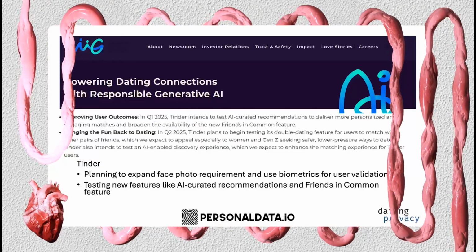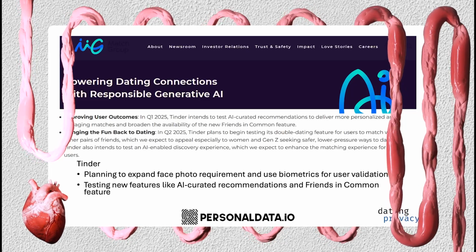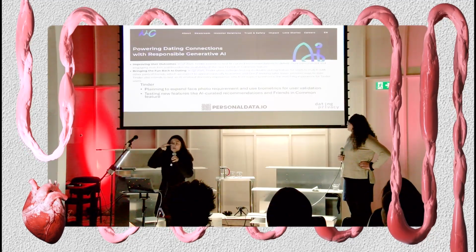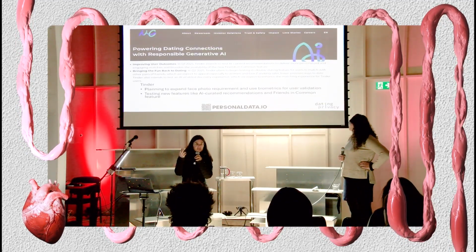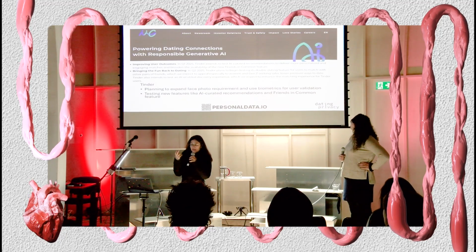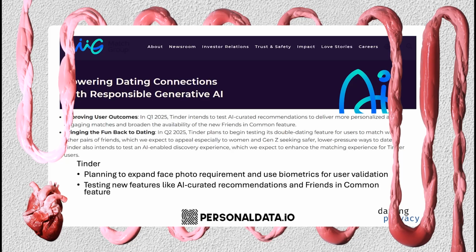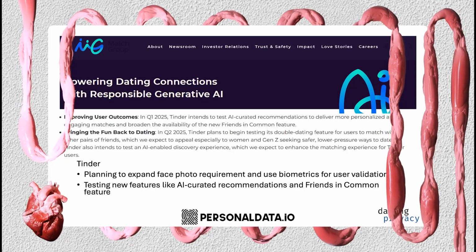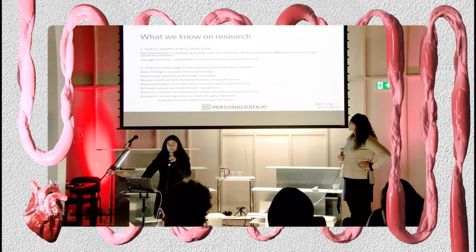Tinder is planning to expand face photo requirement and use of biometrics for user validation. And think about all this is different type of data that you're giving to an app, right? That you're accumulating on this app. And Tinder is testing new features like AI curated recommendations and a friends in common feature. But we don't know yet where it's going.